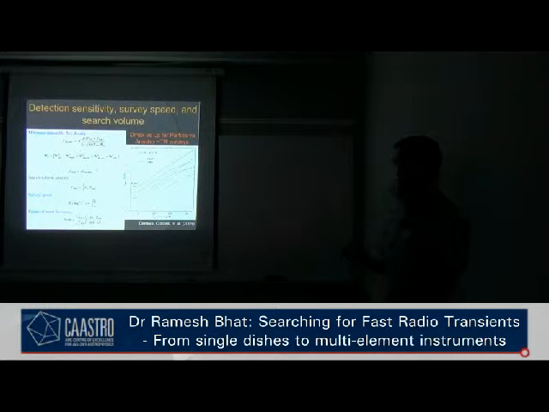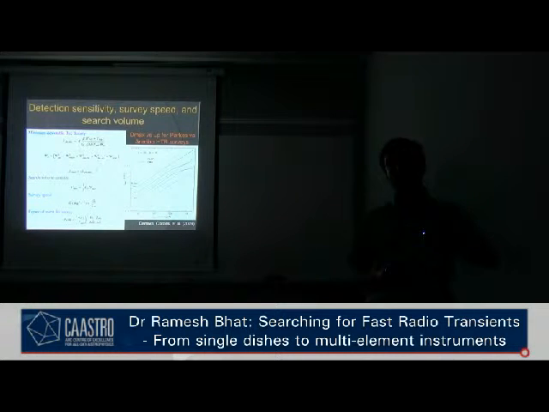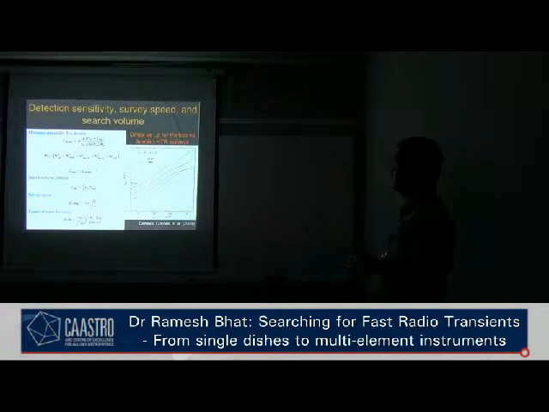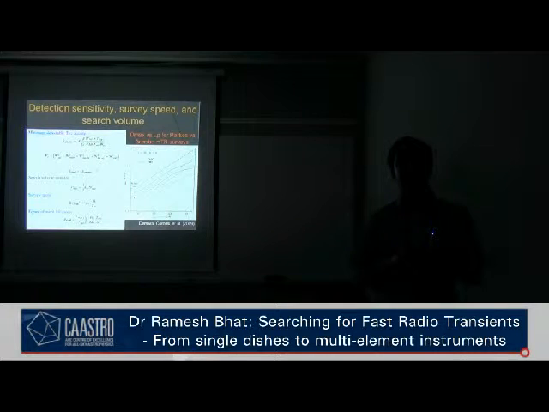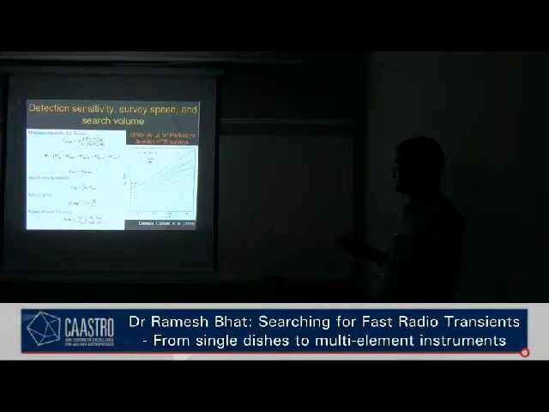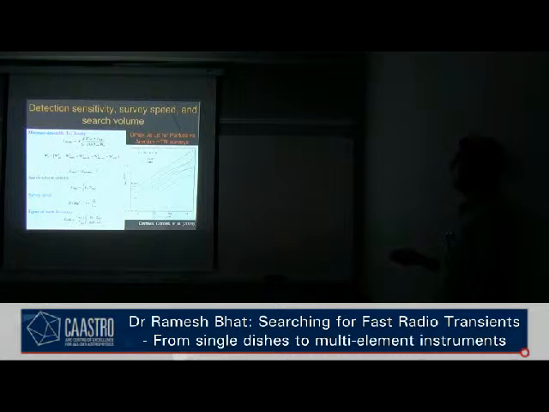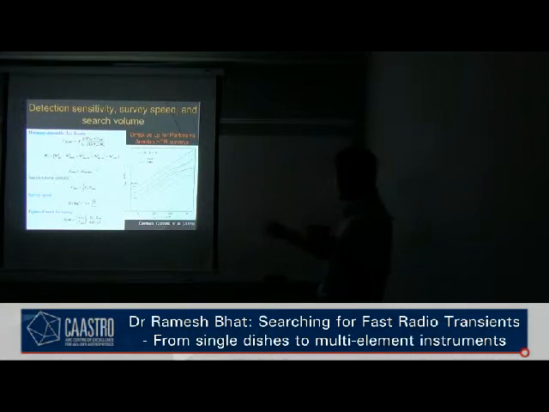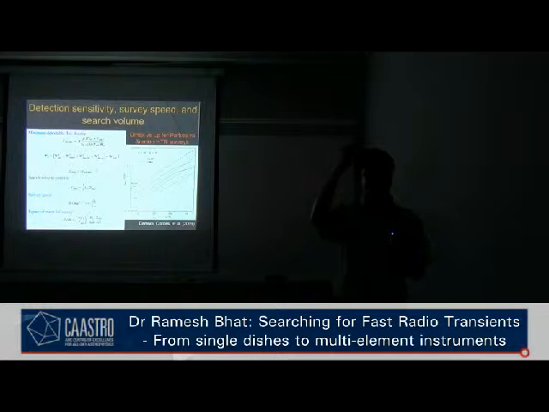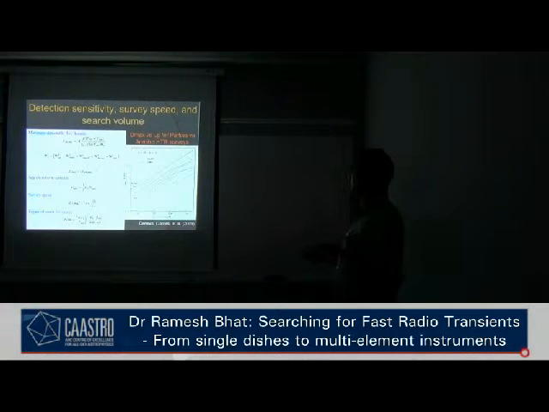And of course, at low frequencies especially, and also when you look more towards the galactic plane or the center, you can have further propagation effects, like smearing of the pulse due to so-called multi-path scattering or pulse broadening. So in the end, all this is going to broaden the signal, which means your signal amplitude will be degraded. Effectively, the maximum distance to which you can look will be reduced, and so is the search volume.